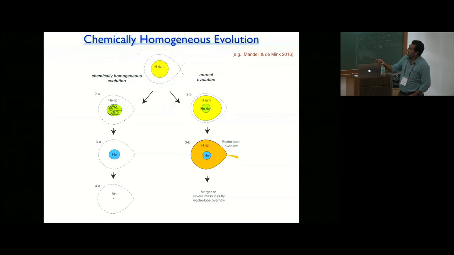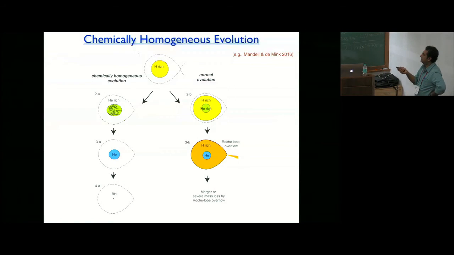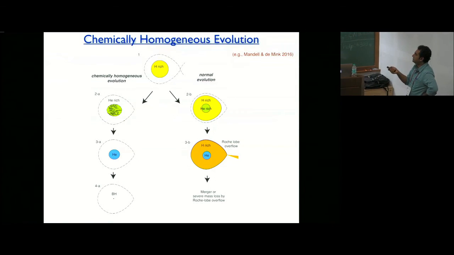So this idea is actually pretty neat. The normal evolution of a massive star is you have a star, then you start burning hydrogen and creating helium at the core.